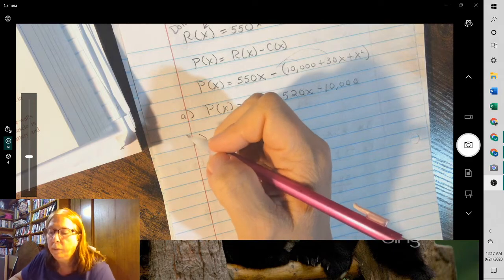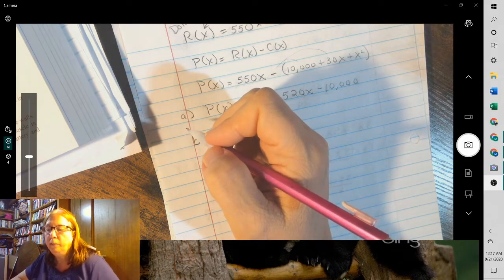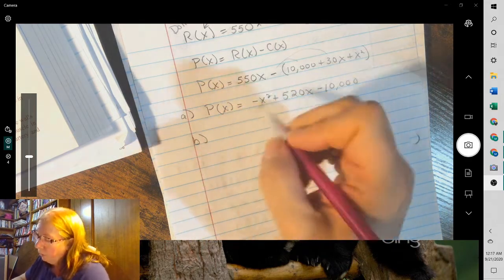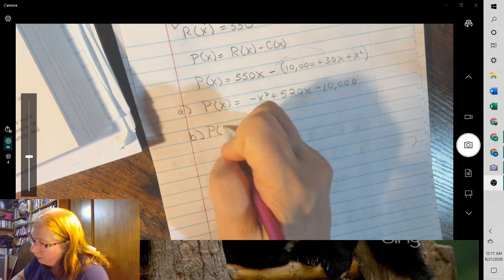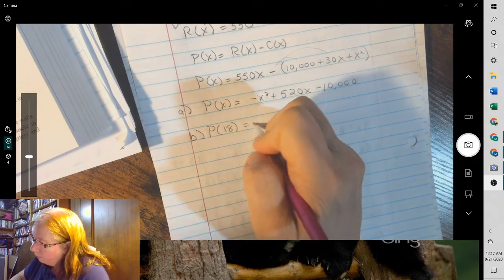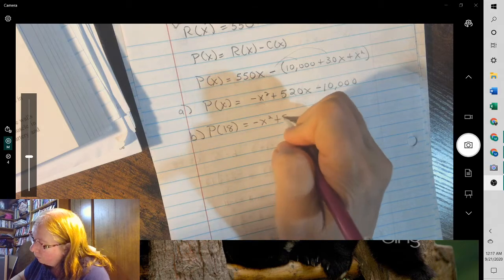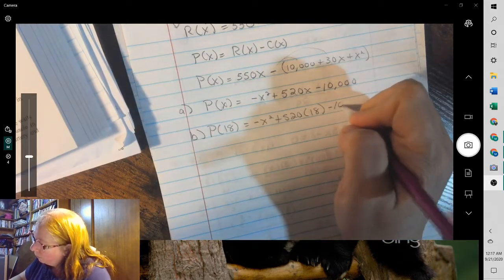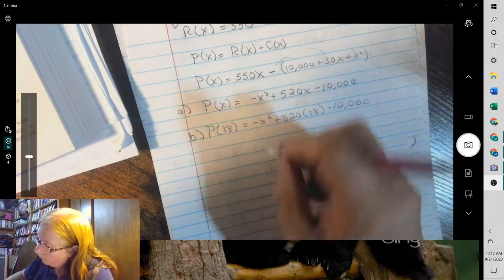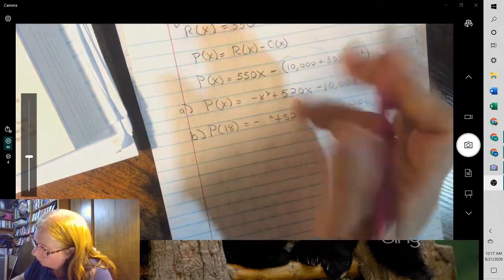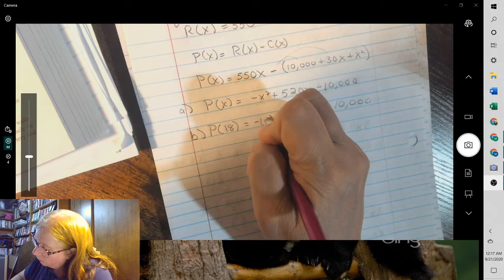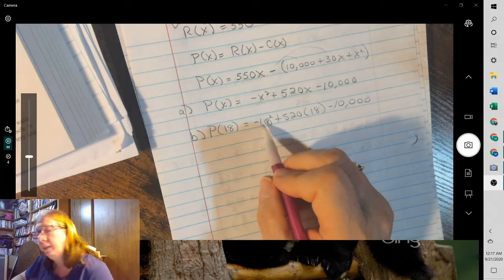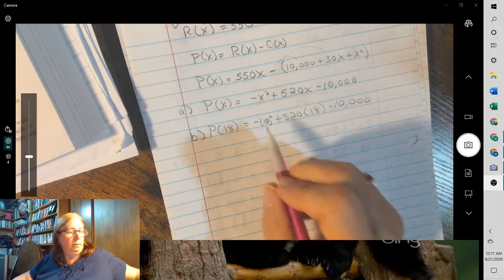Part B said, what is the profit when 18 refrigerators are produced and sold? To find 18, we would just plug in 18. Let's just plug it in here. You want to be careful, only the 18 is squared, not the negative.